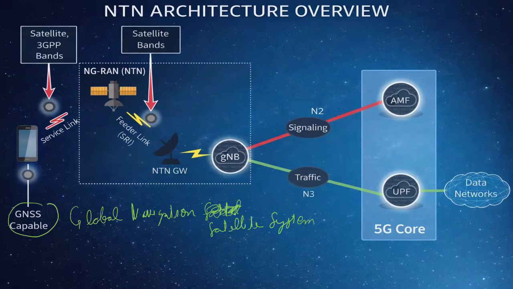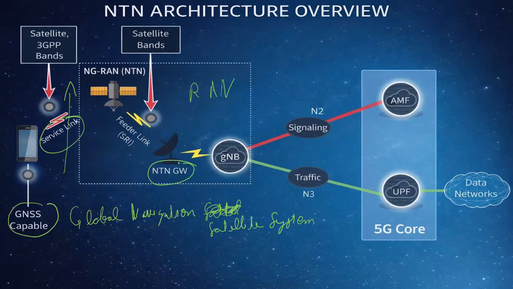The communication between the user and the satellite happens over the service link, as we have already mentioned. This uses 3GPP defined satellite bands, which I have already discussed. This is similar to the air interface in terrestrial networks like 5G, but adapted for satellite communication. Now we move to the NTN radio access network, which includes the satellite and the NTN gateway.